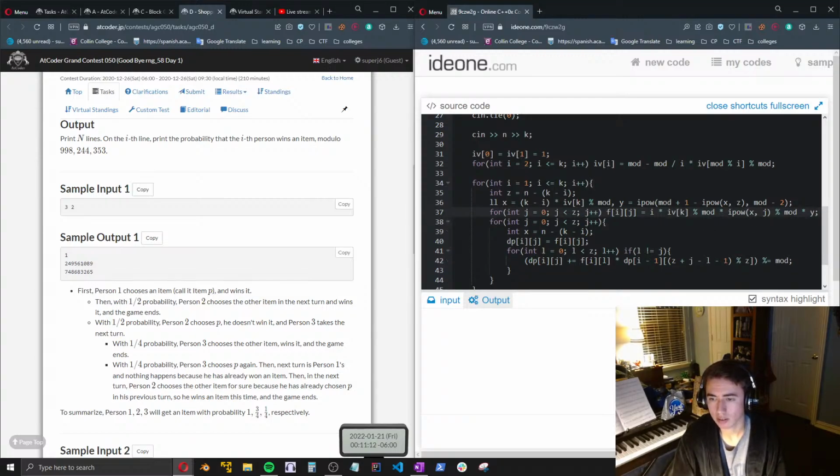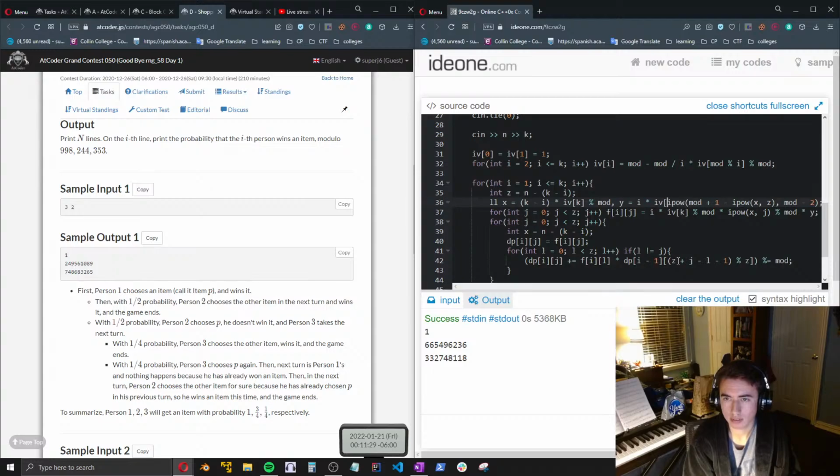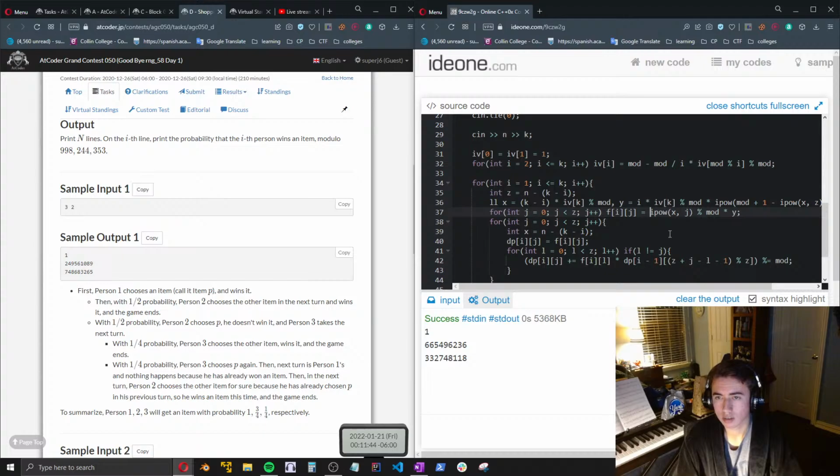Alright, this should be okay. Items IVAK. This is all independent.